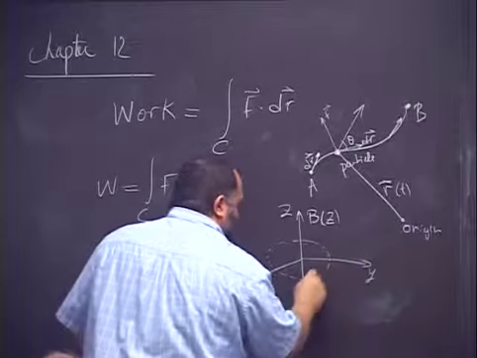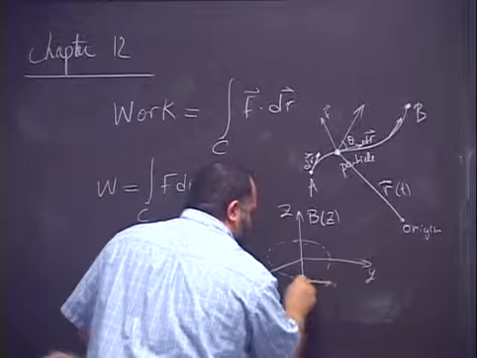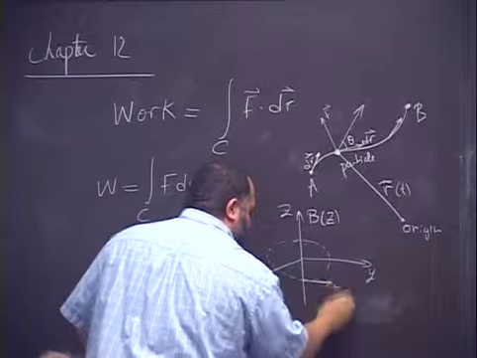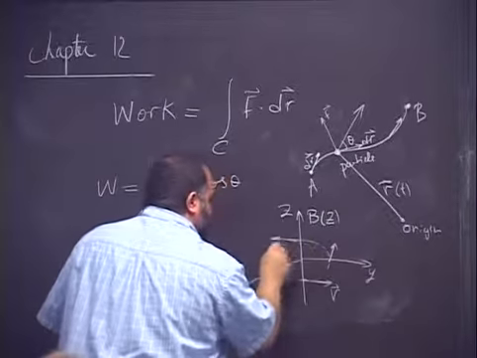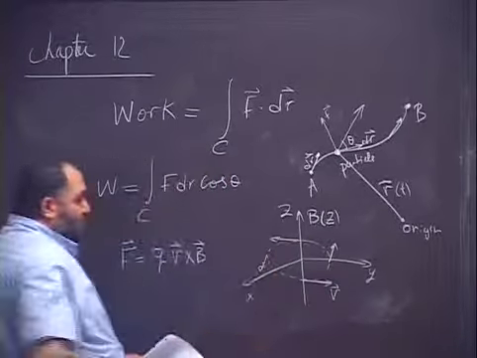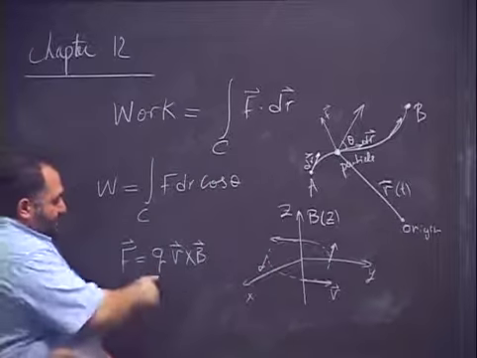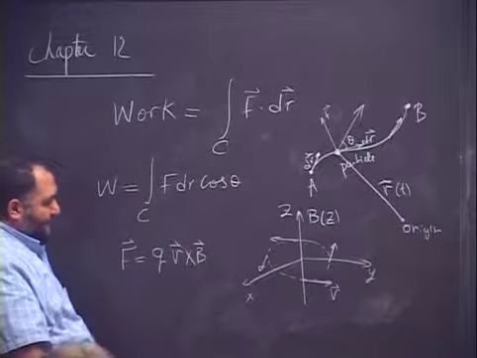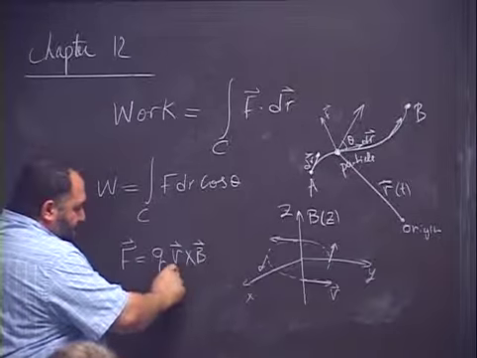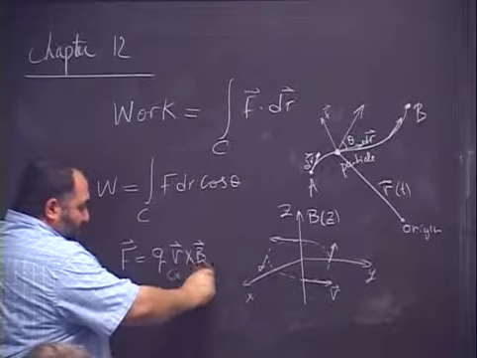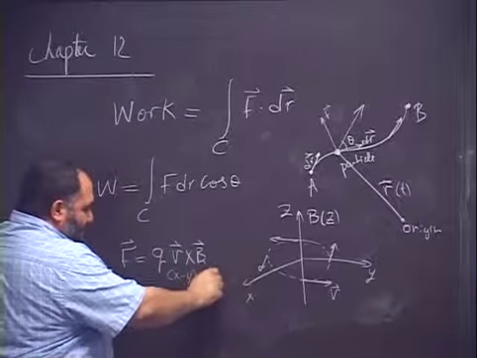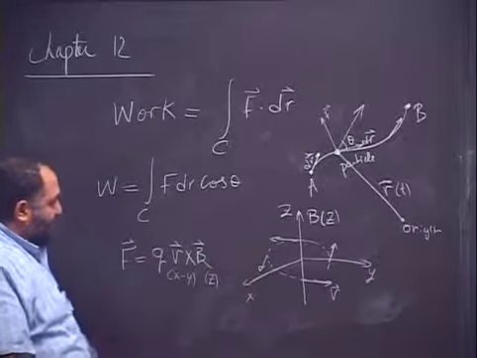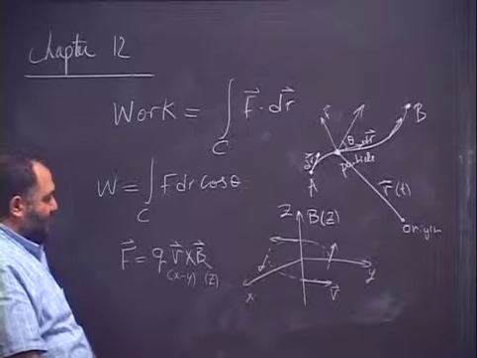So the velocity will be like this. This is the velocity vector. So V is in what direction? XY, and B is in what direction? Z direction.